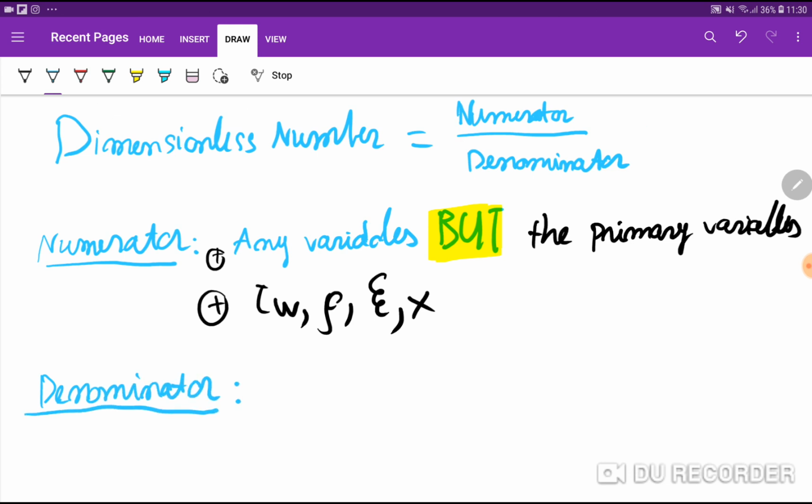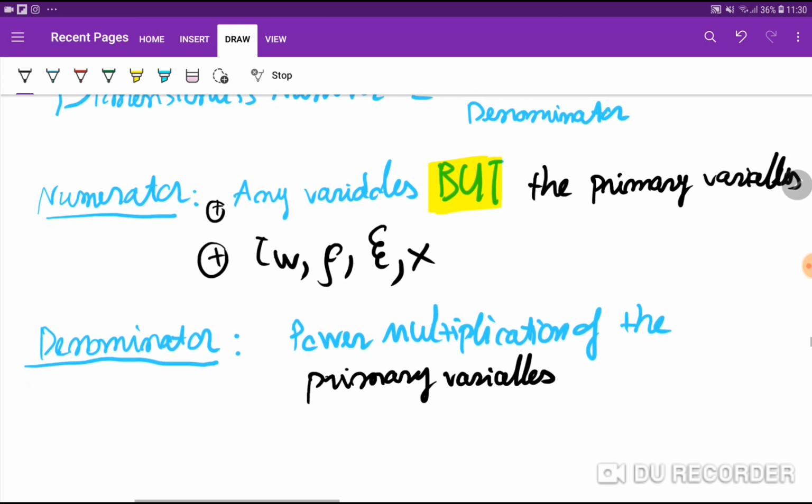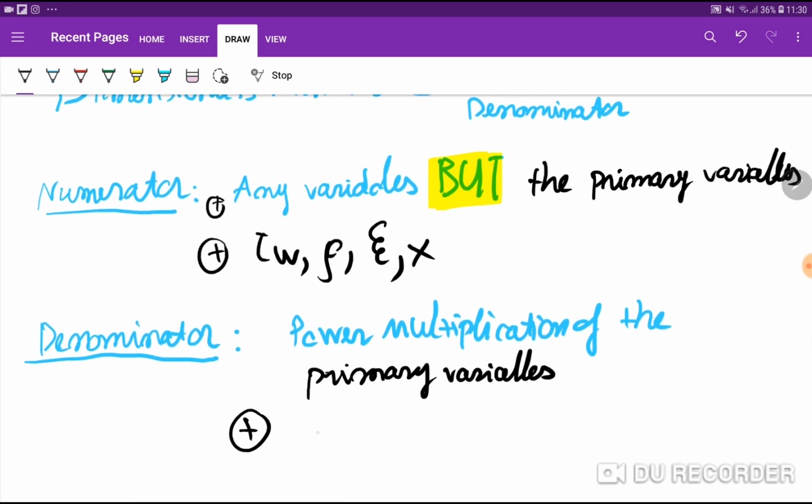Our denominator is a power multiplication of the primary quantities.